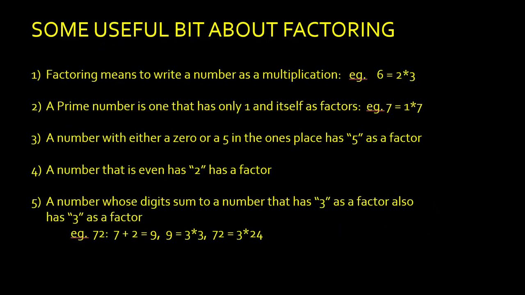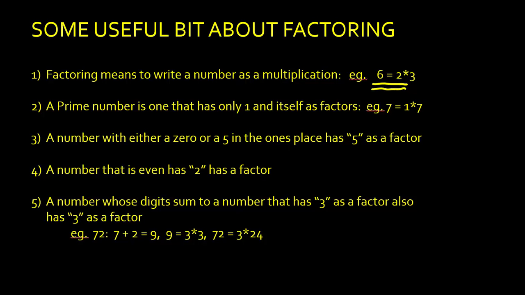Now, there are some useful things that we should know as we go about factoring. First of those is that factoring means to write a number as a multiplication. So we can take most numbers and rewrite them as the product of two or three other numbers. Now, a prime number is one that only has 1 and itself as factors.